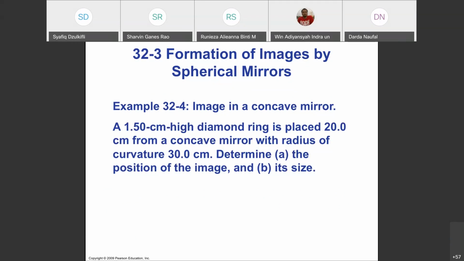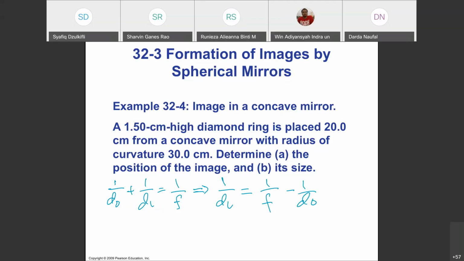So the formula given is 1 over dO plus 1 over di equal to 1 over F. The question is the position of the image. That means 1 over di equals 1 over F minus 1 over dO.